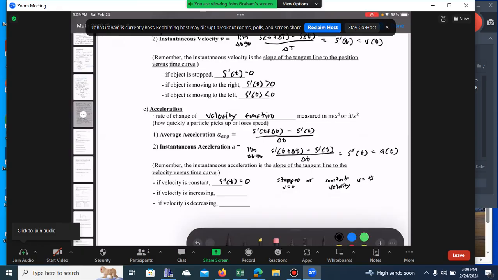We should know when we take the derivative of a number, you get 0, so your acceleration becomes 0. If your velocity is increasing, then your acceleration is greater than 0. If your velocity is decreasing, then your acceleration is less than 0. Now, specifically, this is referring to velocity.